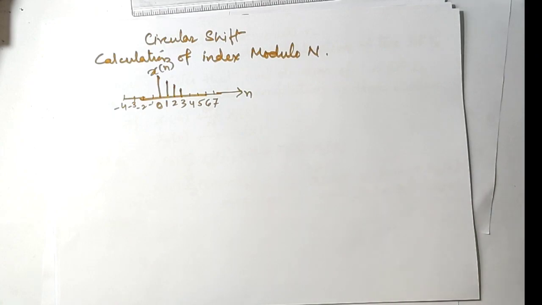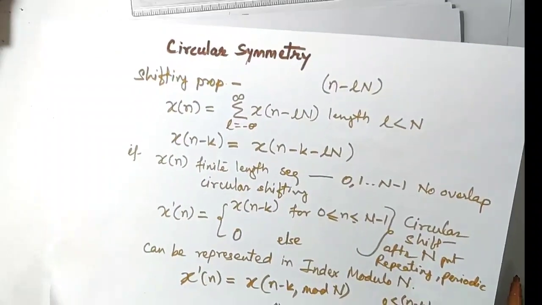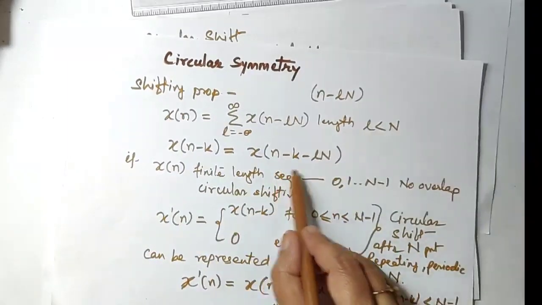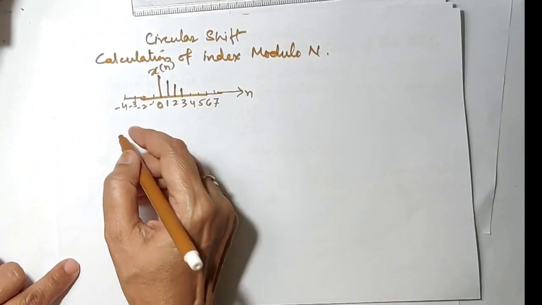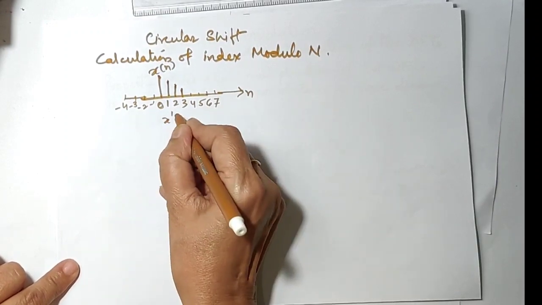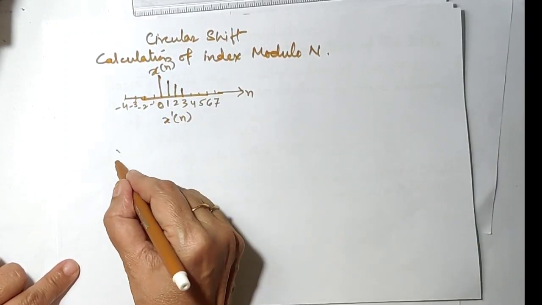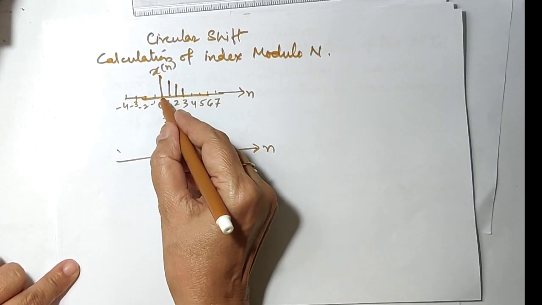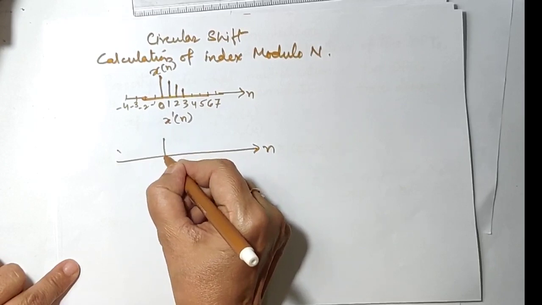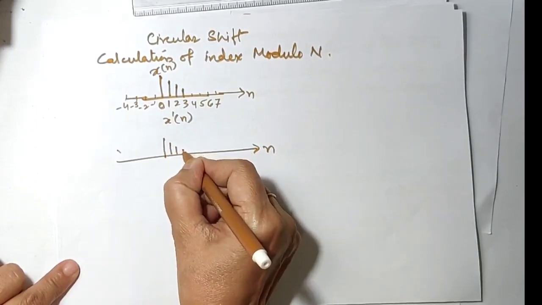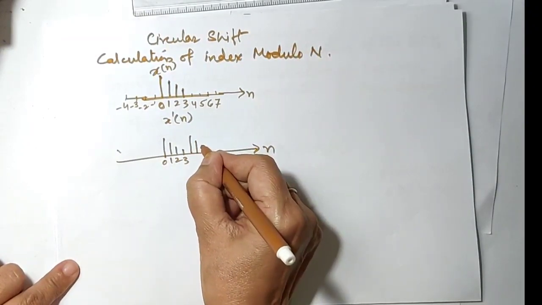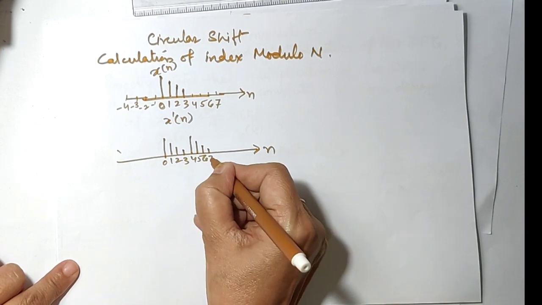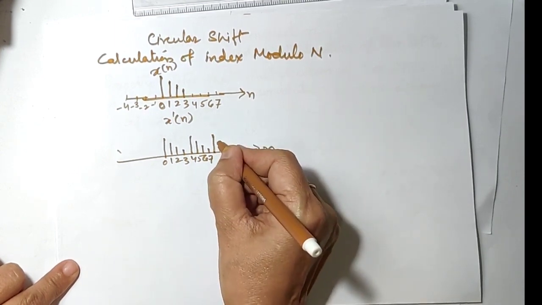How do we make it periodic? We have discussed the periodicity problem, taking this kind of shifting with the limit of N minus 1 samples. So after N points it will be repeating. As it will be repeating, I just draw the x dash n, which means the periodic sequence. So I just draw the periodic sequence: 0, 1, 2, 3, then again 4, 5, 6 and 7, then again at 8 and so on.